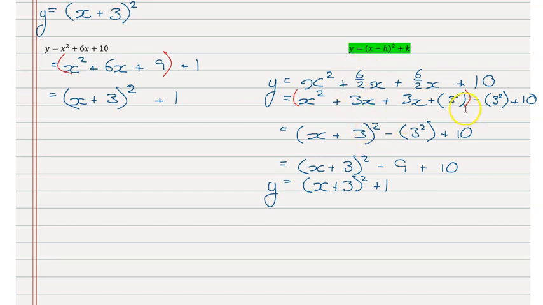Then we turned inside these parentheses into the perfect square, and then dealt with these residual constants at the end, so the minus 3 squared plus 10, which all factorize down to what we had on the left hand side here, which is in this form, y equals x minus h all squared plus k.